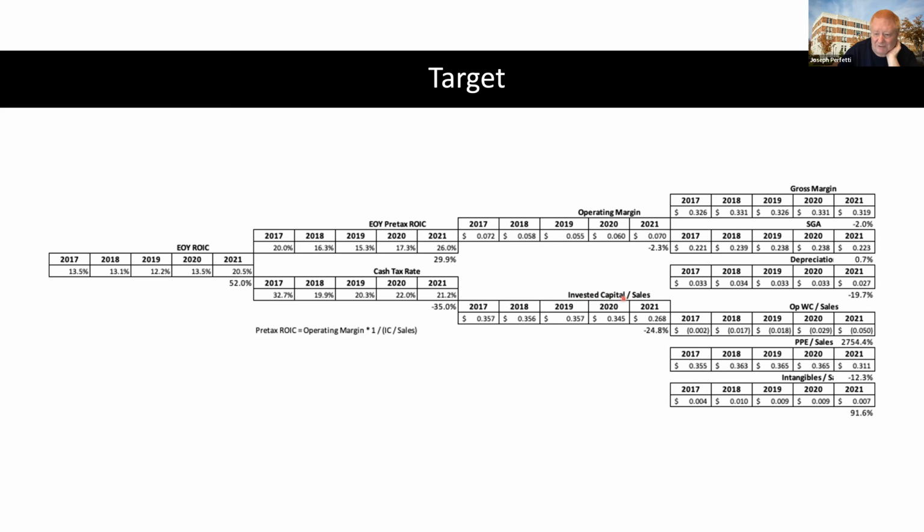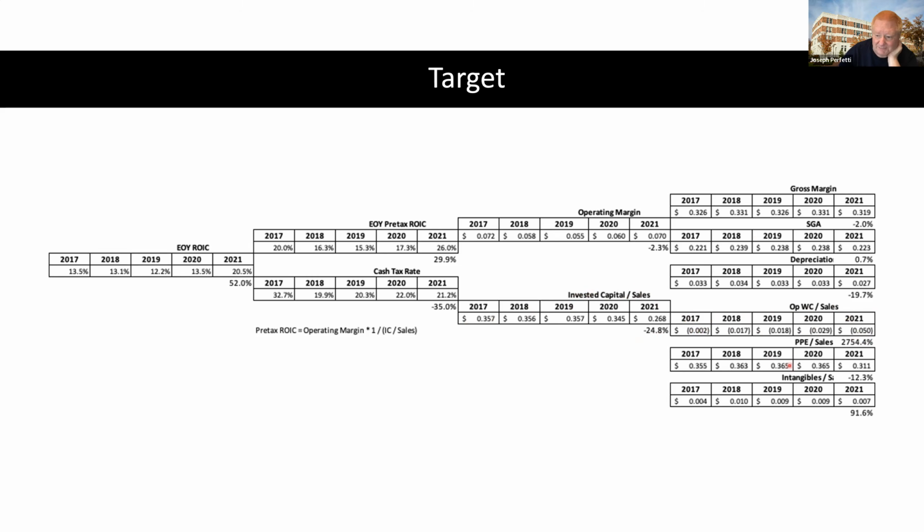Invested capital to sales was the big mover, 35.7 to 26.8. Why? On the balance sheet, working capital went from 0 to 0.05 negative. So 5 cents per dollar more of liabilities relative to assets in working capital. That's half of the invested capital to sales drop.